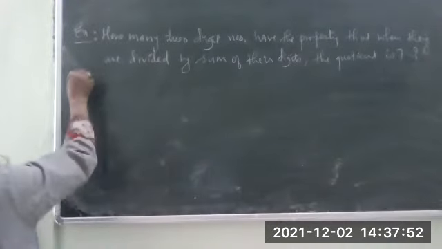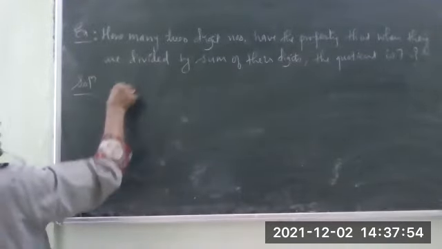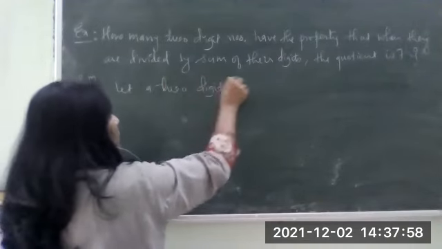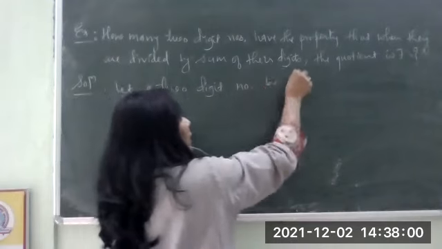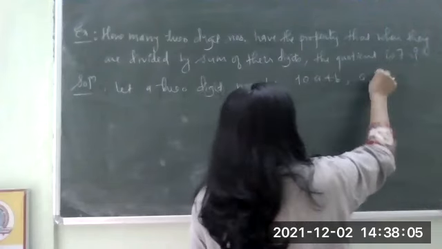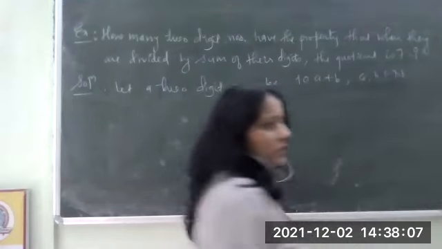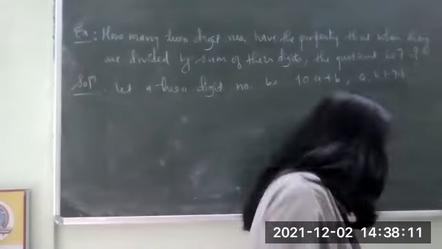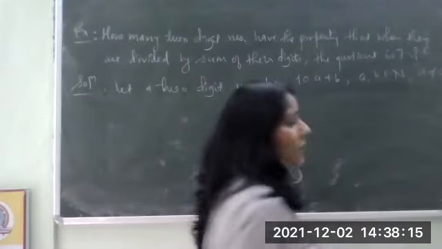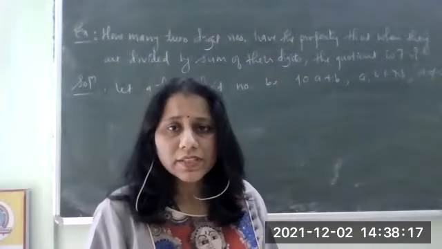So let a 2-digit number be 10a plus b, where a and b are natural numbers. And a is not equal to 0 also, because if a is 0, then it becomes a one-digit number. Therefore, a is not equal to 0.